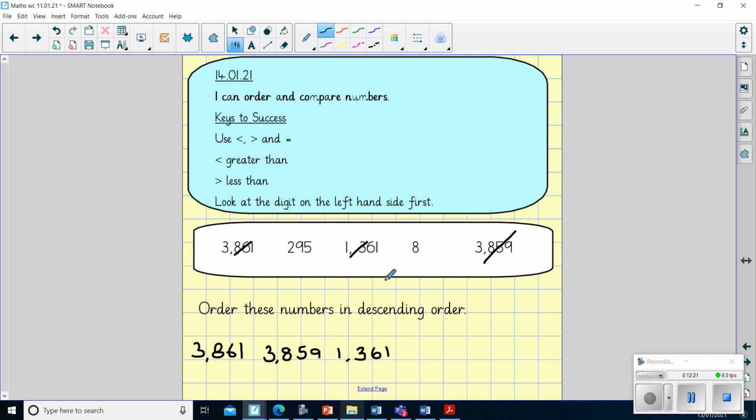This number's just got ones, so my 295 is definitely the next number, and the final number is number 8. It's going to be the least because it hasn't got any tens, hundreds or thousands. And I'll just cross it out so I know I've done it. So that's my sequence in a descending order.